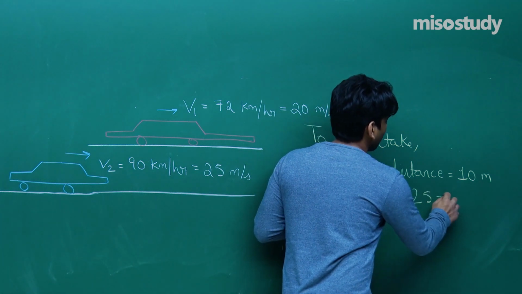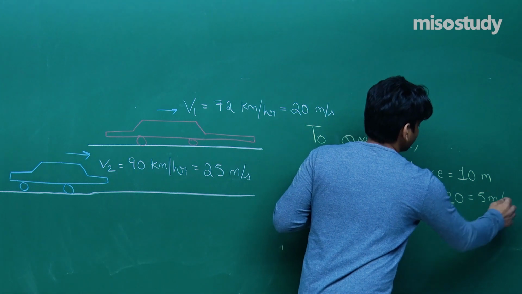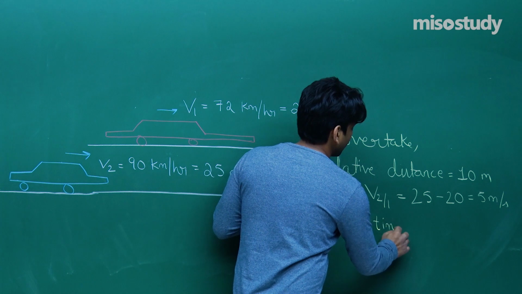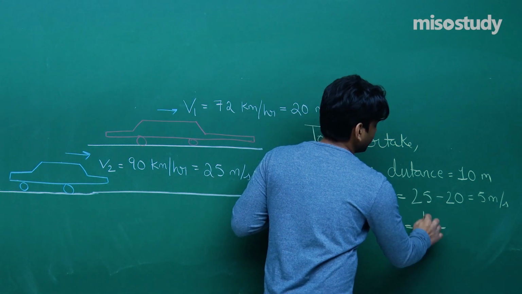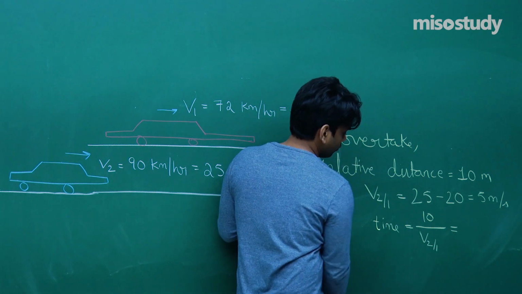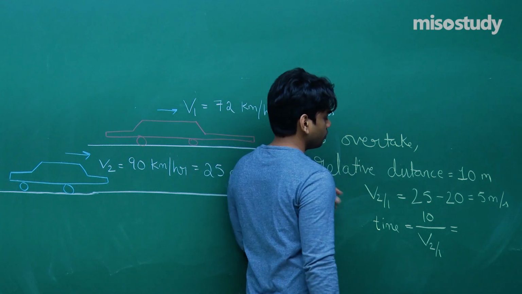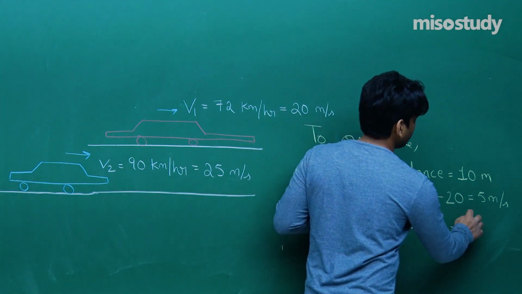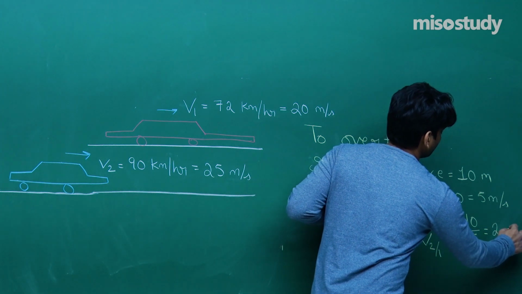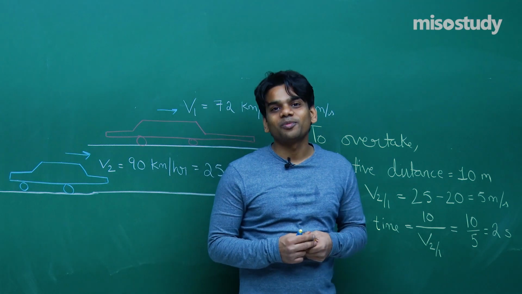So I am not showing you the long equation, that is 5 meter per second. So time taken to overtake will be 10 by v of 2 with respect to 1. Velocity of 2 with respect to 1 is 5, so 10 by 5 comes out to be 2 seconds. So we got this, in 2 seconds it would be completely overtaking.